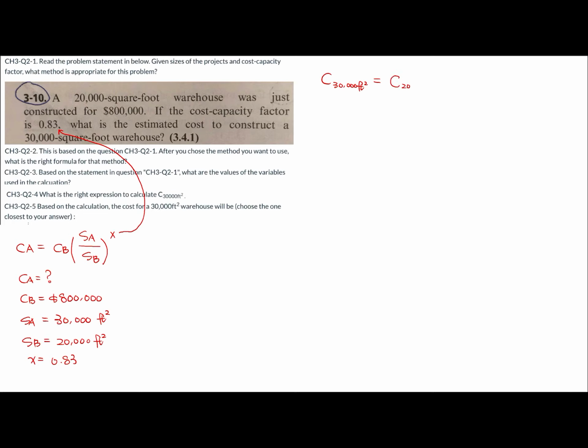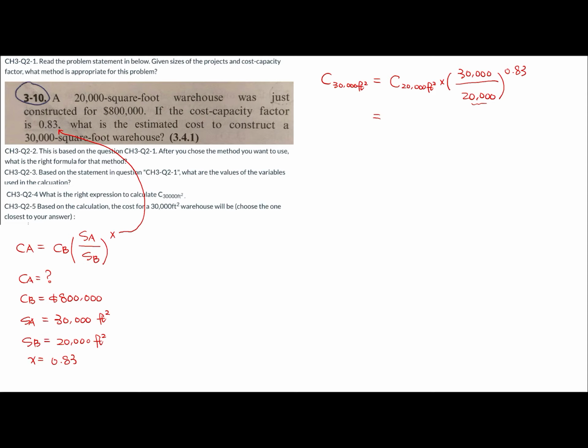It equals the cost of the 20,000 square foot warehouse times the ratio of size, 30,000 over 20,000, to the power of 0.83. 30,000 is the size of the larger warehouse. The 20,000 is the size of the smaller warehouse, okay?